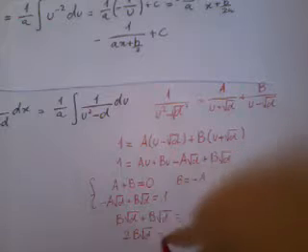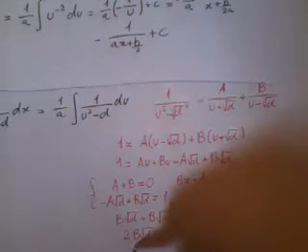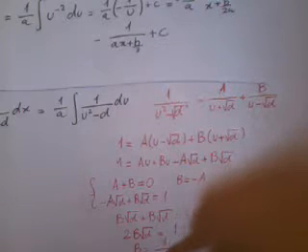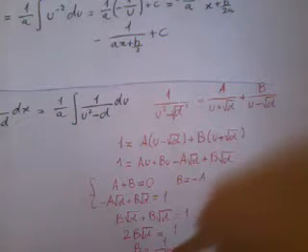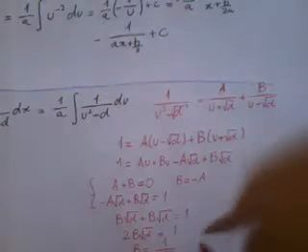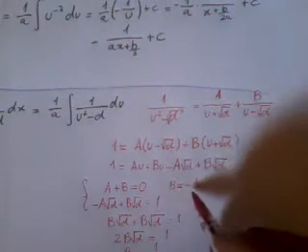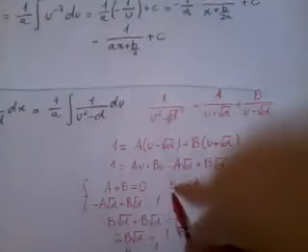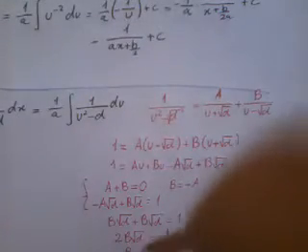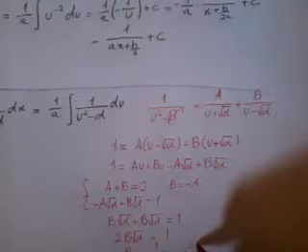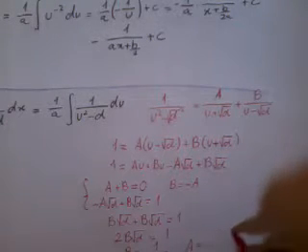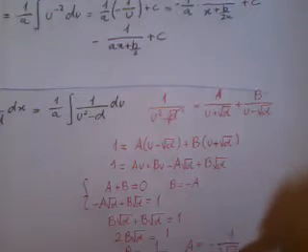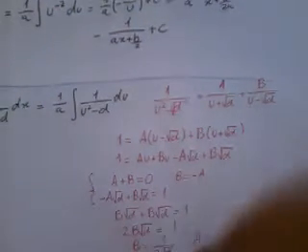So just divide both sides by 2 root d. B is equal to 1 over 2 root d. A is negative, so if B is equal to this, A is going to be the negative of this. So A is equal to negative 1 over 2 root d. So we have both of these.